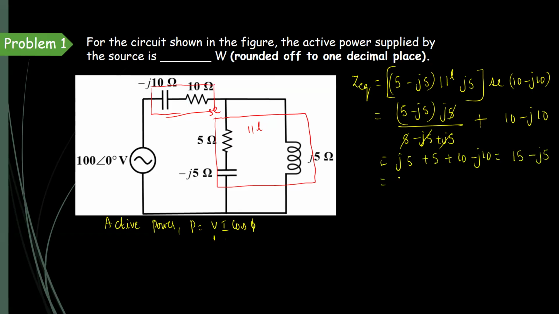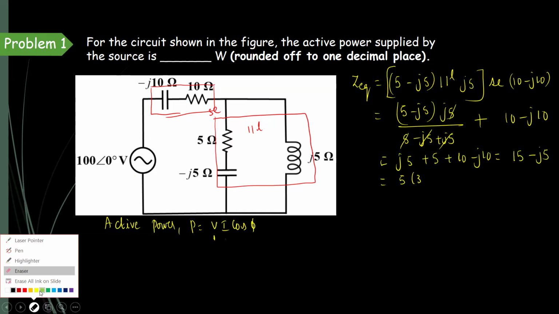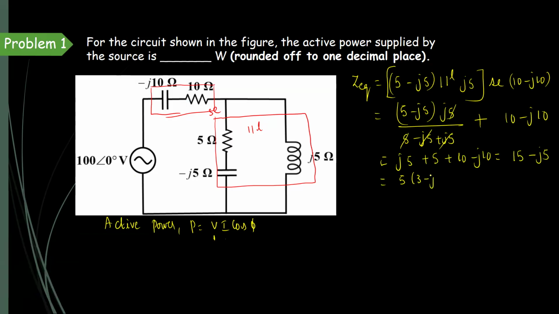Okay. So 5 is taken as common, 5 into (3 minus J). So 5 into (3 minus J) is Z equivalent.